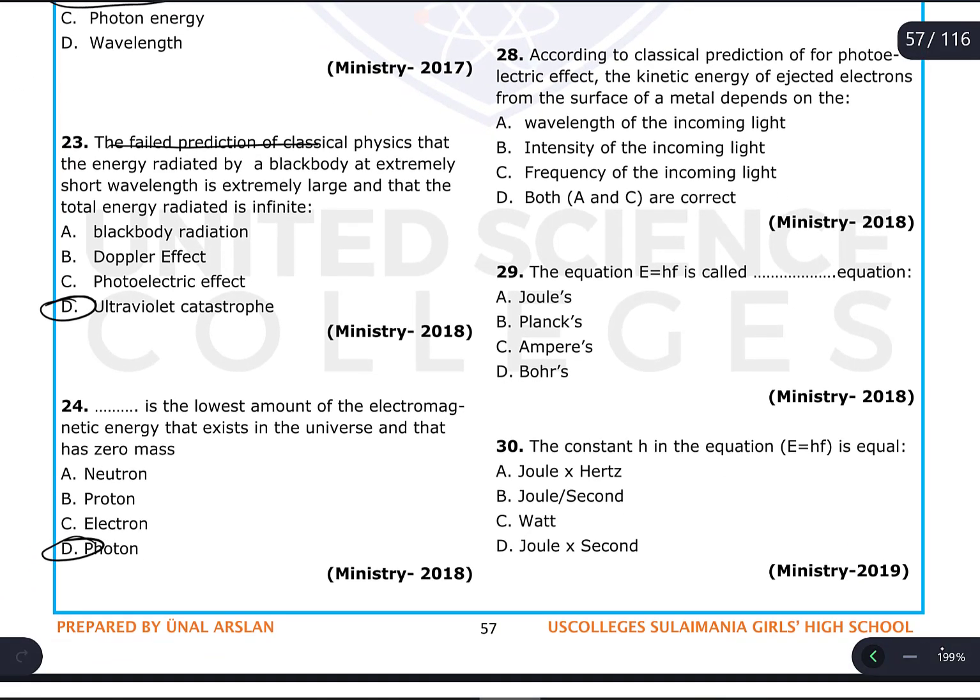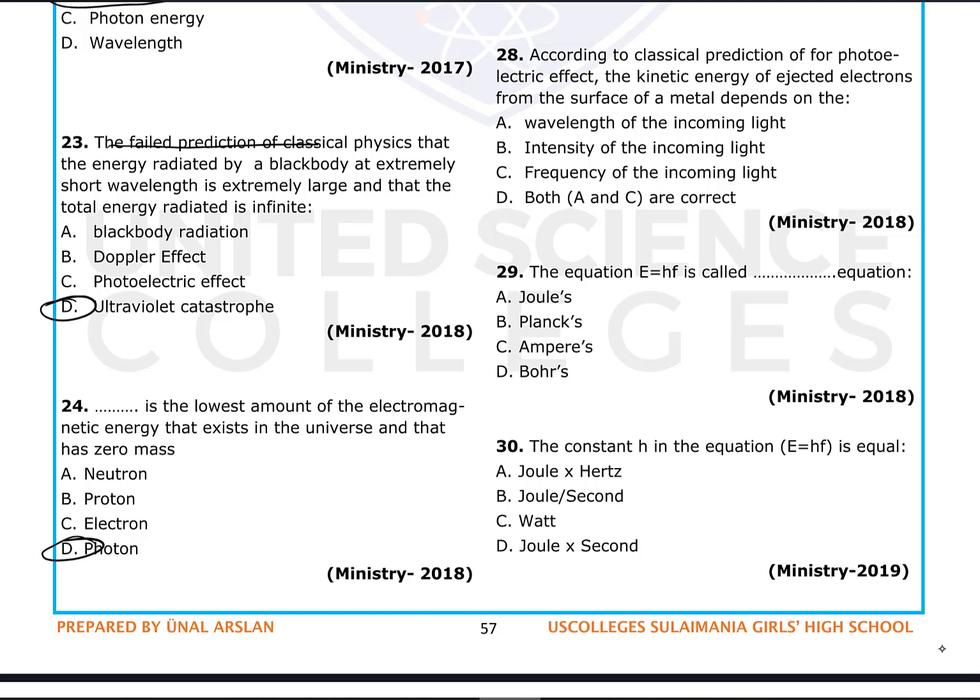Question number 28. According to the classical prediction of the photoelectric effect, classical prediction means before the experiment, the kinetic energy of the ejected electrons from the surface of metal depends on, before the experiment, both electron ejection and kinetic energy of the photoelectrons all are thought to depend on the intensity.